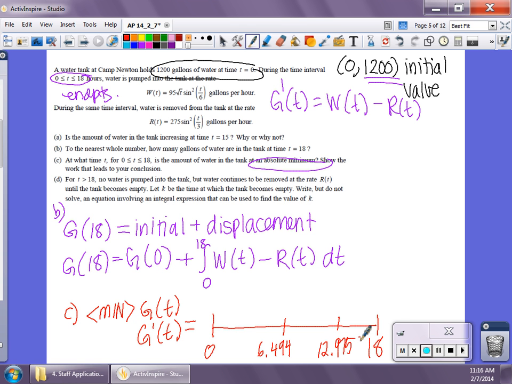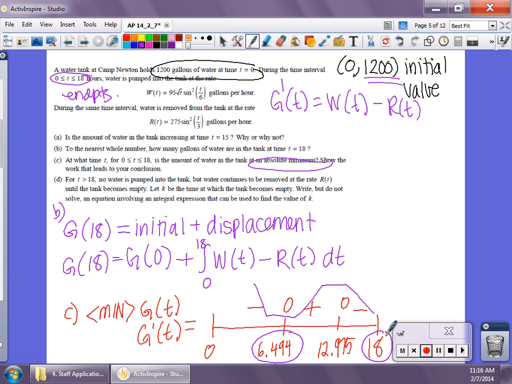These are zeros. I believe this was a minimum, so it must have gone this way, I believe. So this is my sign chart for the derivative. That means when I'm looking at this, the graph goes down, over, up, over, down. I have two minimums. I have a minimum at 6.494, and I have a minimum at 18.